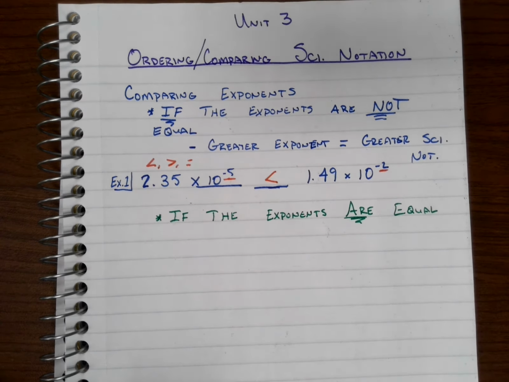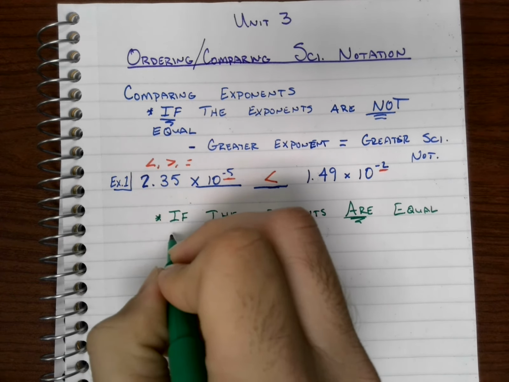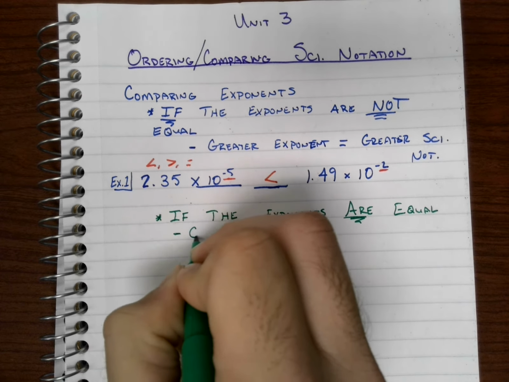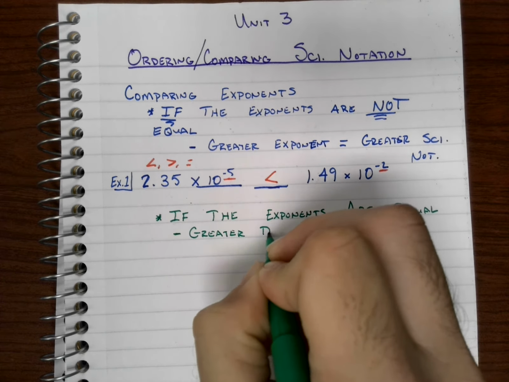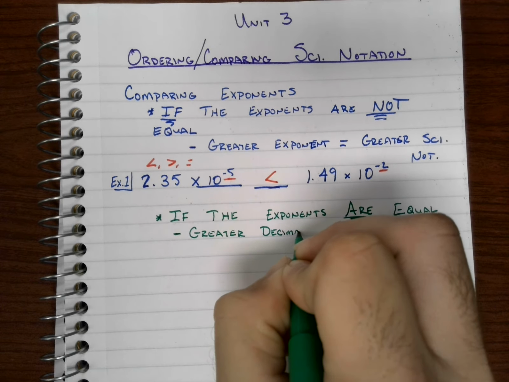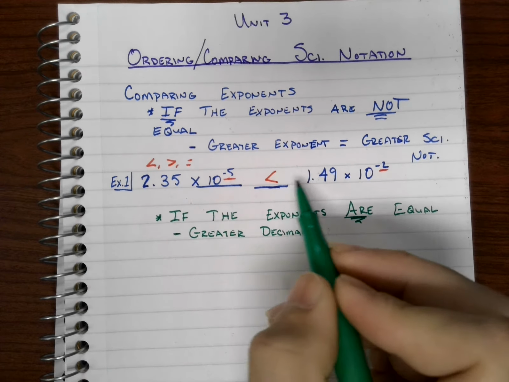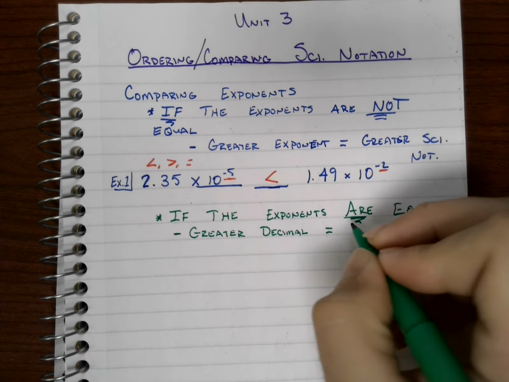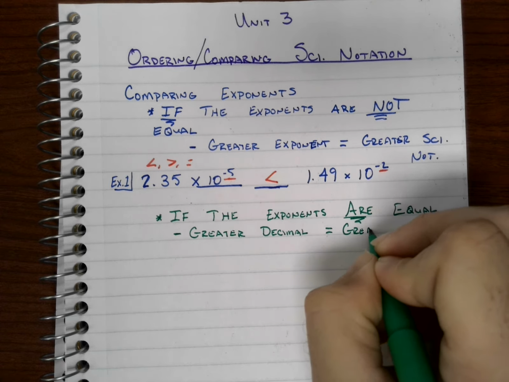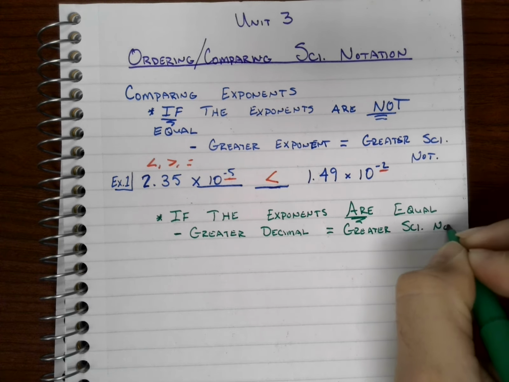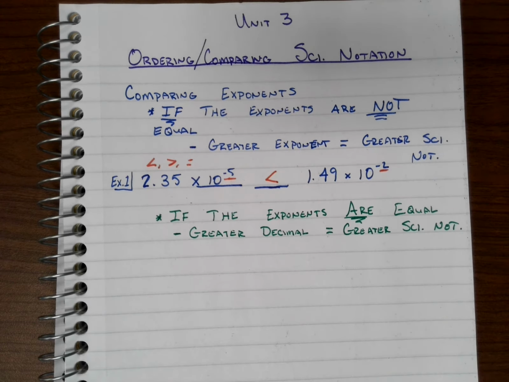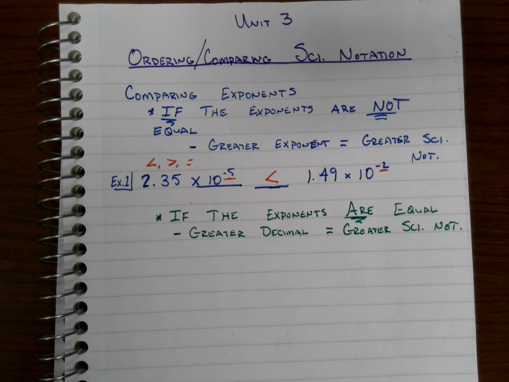This one is if they are. The greater decimal means that one is the greater scientific notation, just like here, here are our decimals.